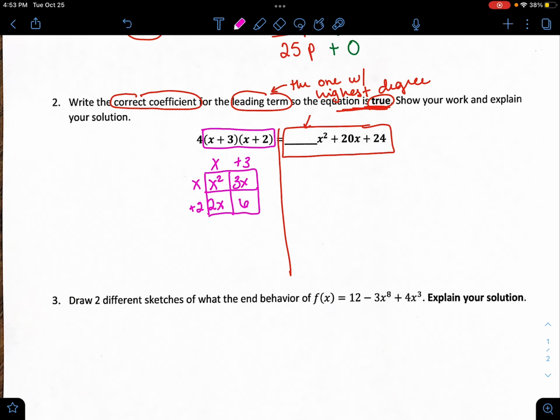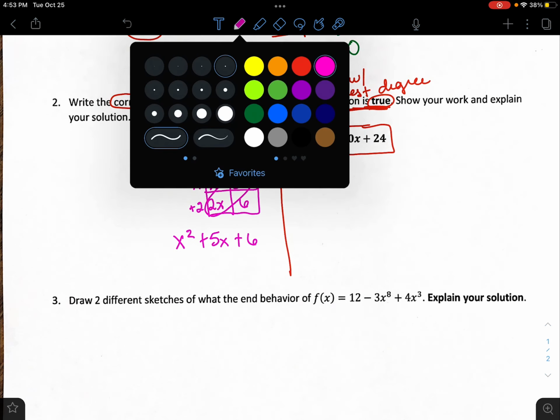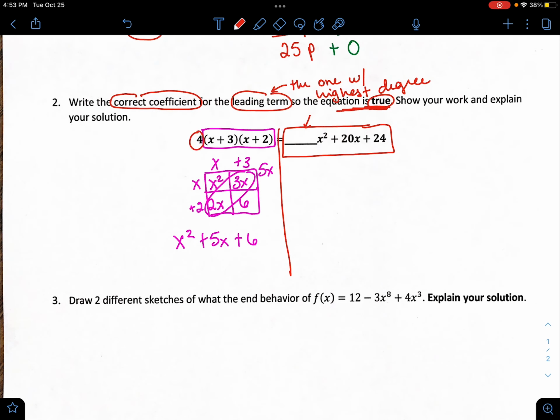Okay, so we combine the middle part and we get 5x. So now we have x squared plus 5x plus 6. Now don't forget the 4 in the front. You put in parentheses and you put 4 in the front.